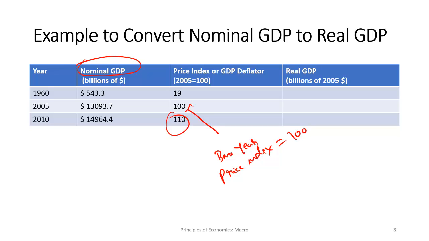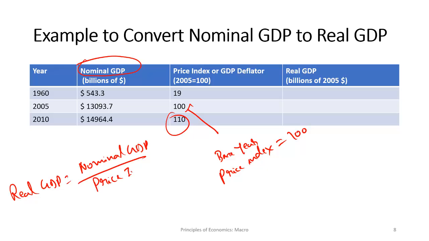So we are going to use that formula where, again, remember the formula, real GDP equals nominal GDP divided by the price index times 100. So in 1960, how do we convert this $543.3 billion into 2005 prices?